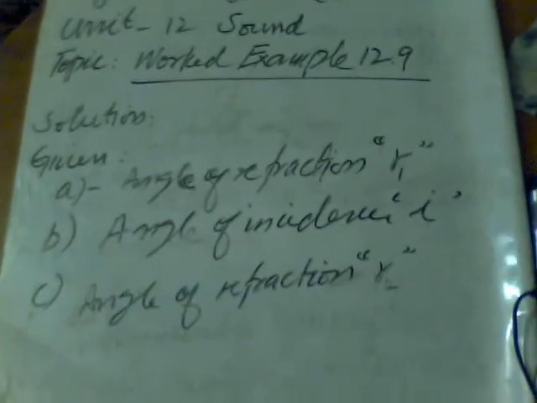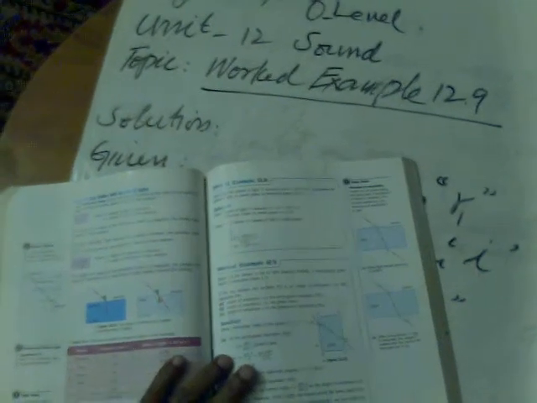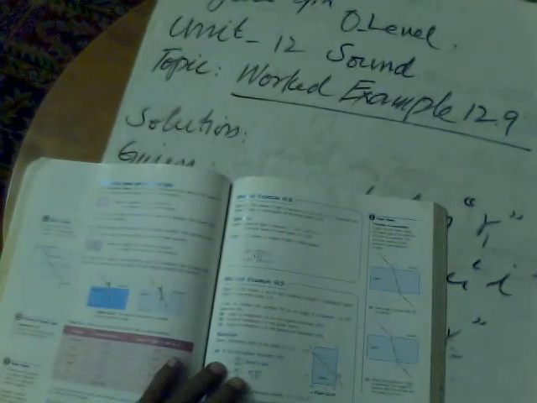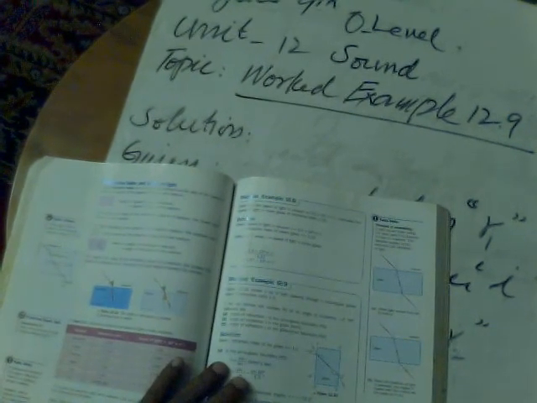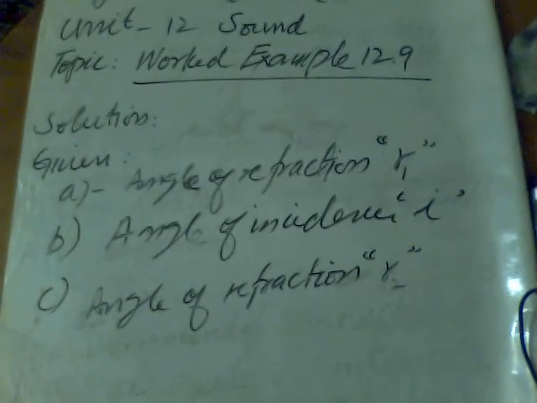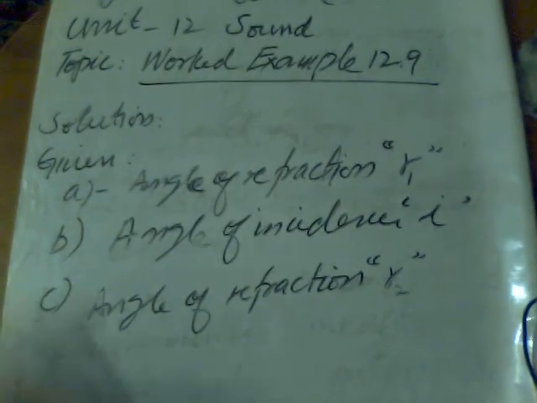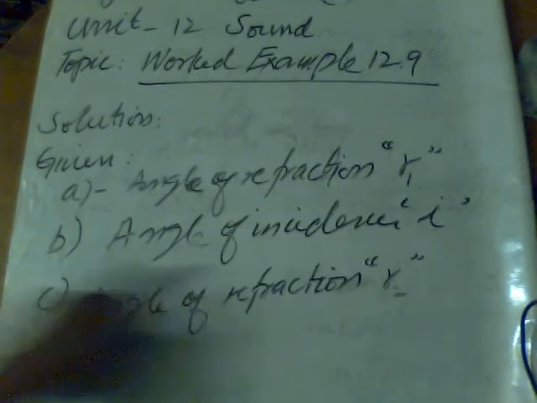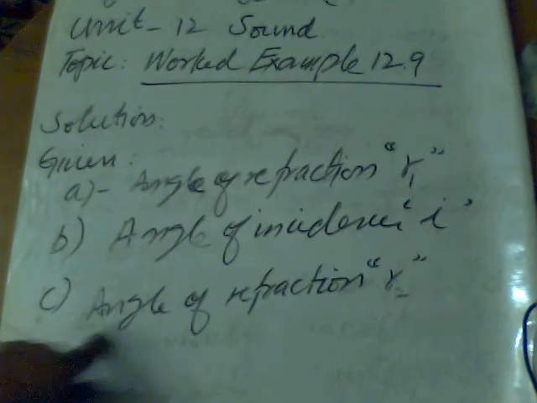Please open your books and read the statement. I'm going to read the statement. The figure is given there, and from the figure we have to find the following things: two angles of refraction, one is called R1 and the other angle of refraction is called R2.